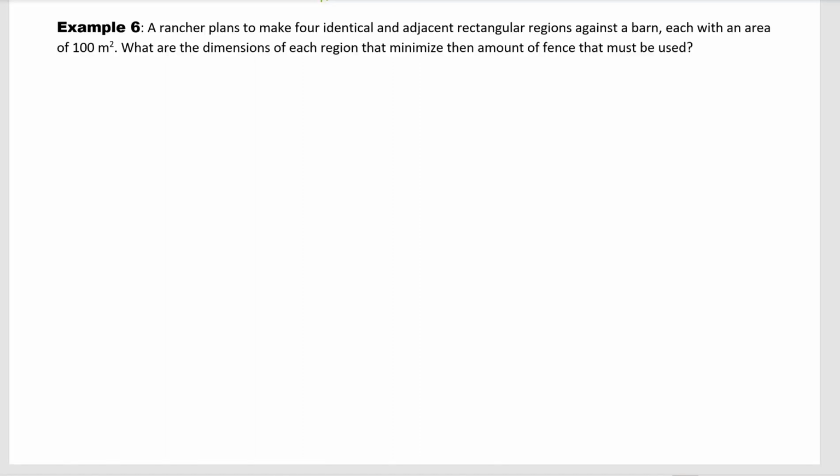Example 6. A rancher plans to make 4 identical and adjacent rectangular regions against a barn, each with an area of 100 meters squared. What are the dimensions of each region that minimize the amount of fence that must be used?